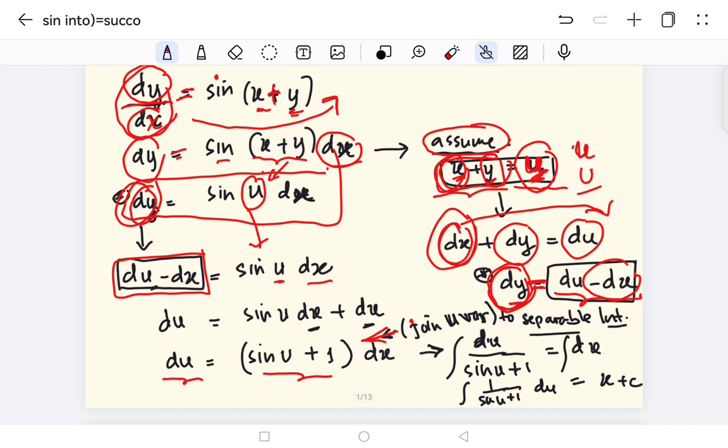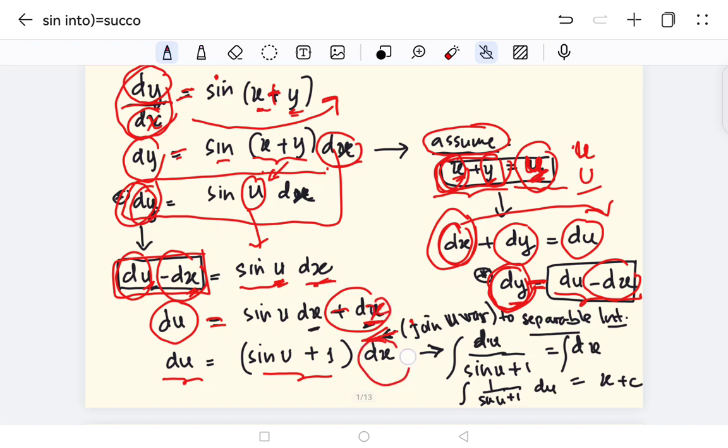Okay, now you see the variables u and x, but you need to join them into the same variable. So I'm going to move the dx to the right side, so only du is left here, and I have sine u dx plus dx.